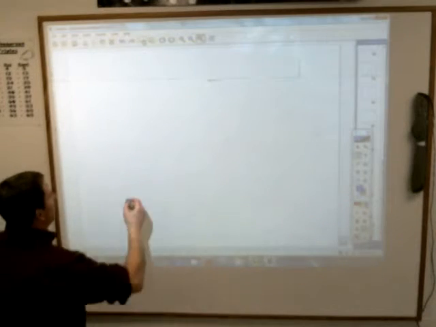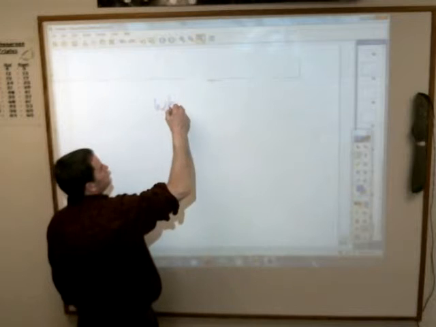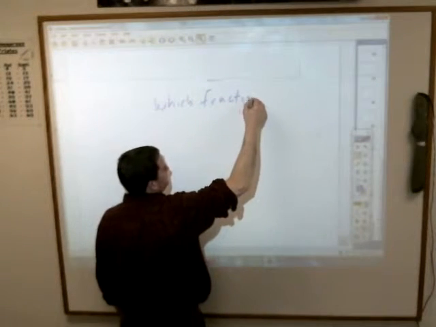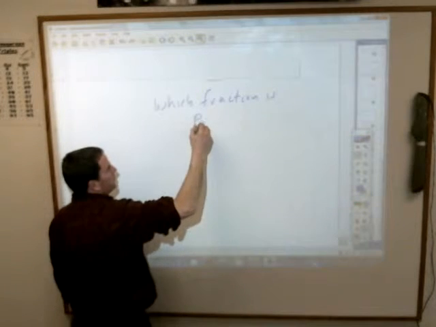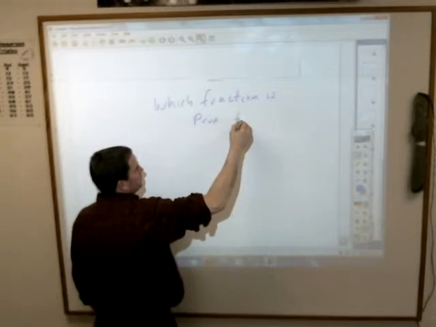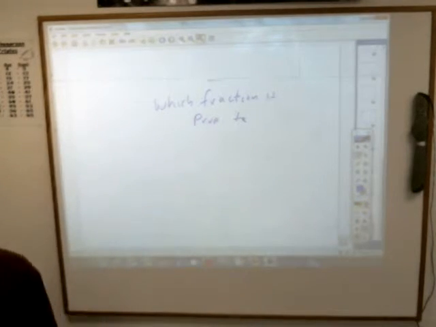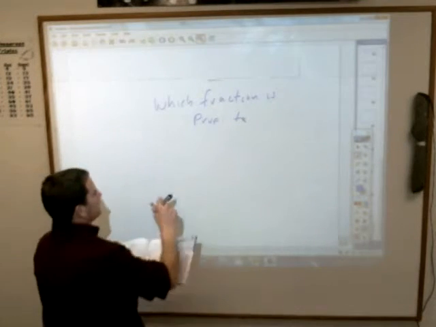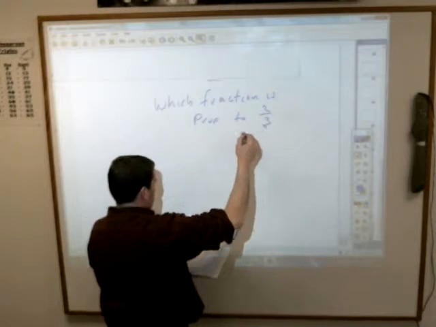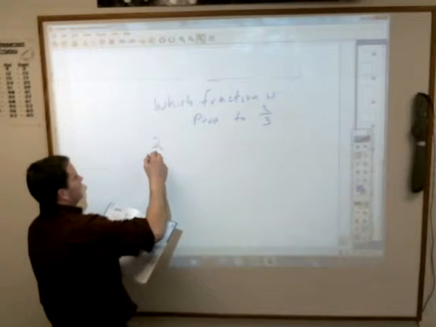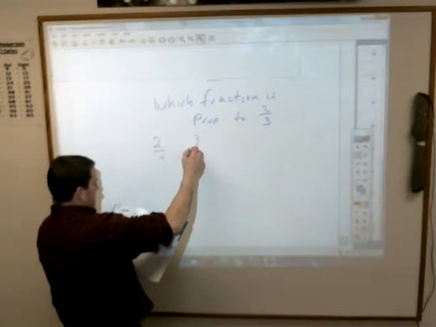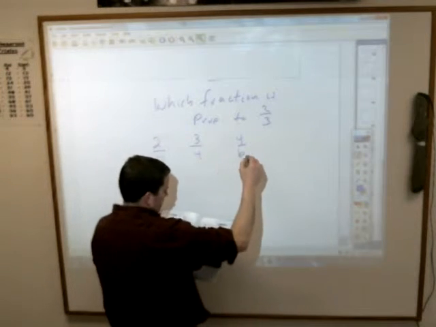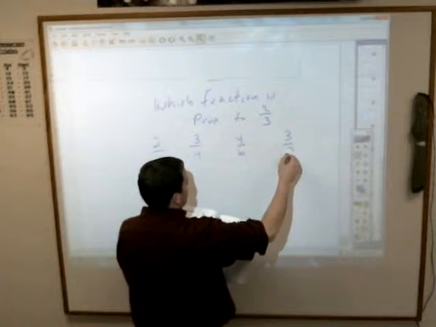Here's a question from the book. Write this down. Which fraction is proportional to 2/3? And they give us a couple choices here: 2/4, 3/4, 4/6, or 3/2.